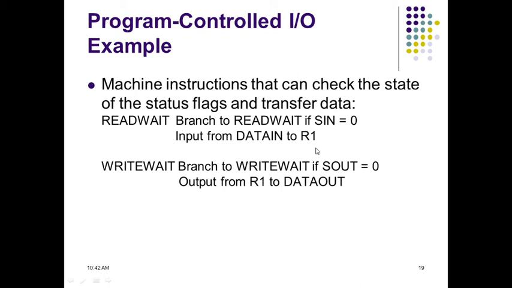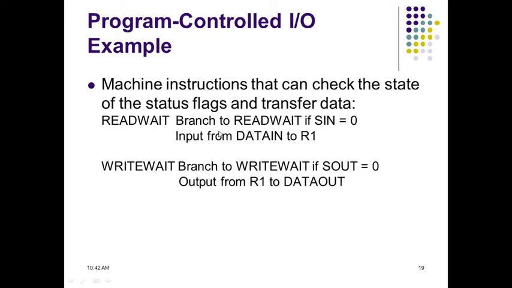So basically this is to perform the IO transfer. We need machine instructions which check the state of status flags and transfer the data between the processor and the IO device. These two operations are used for that.